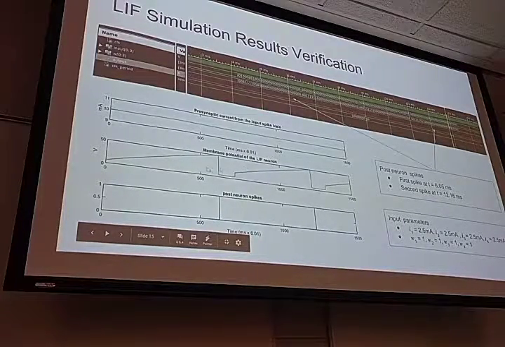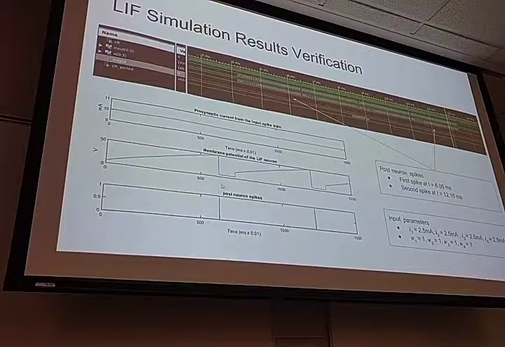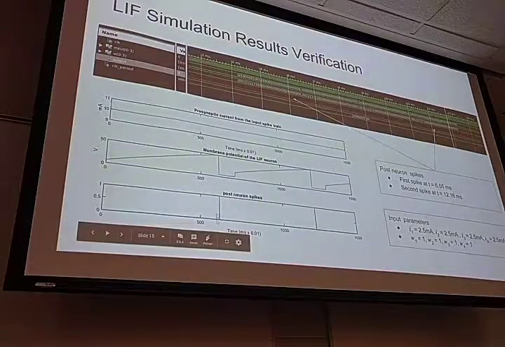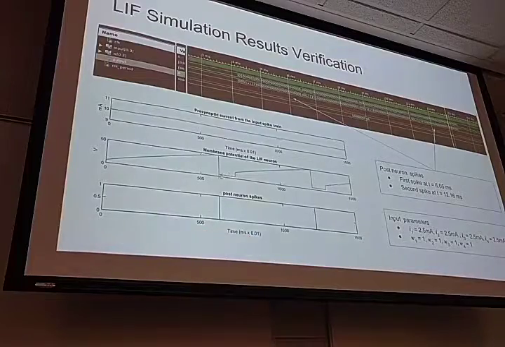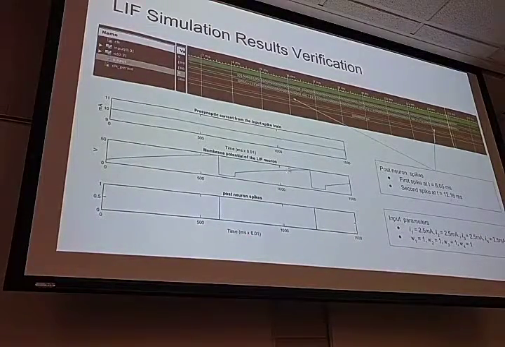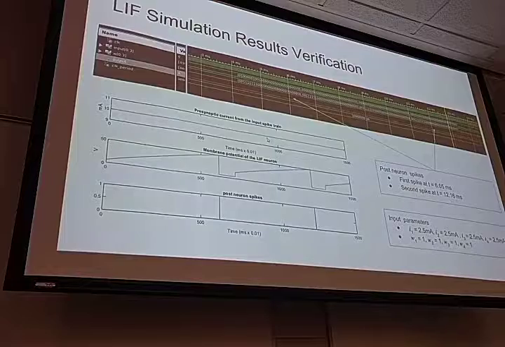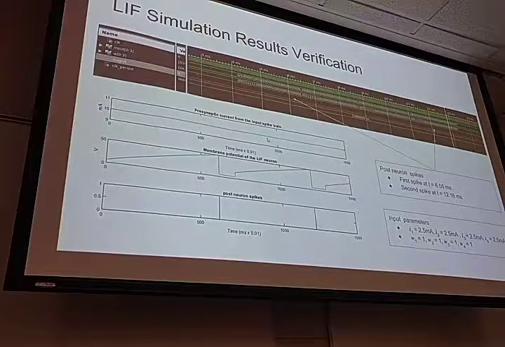And then you can see how the membrane potential changes with time. Once it reaches somewhere around 6 milliseconds, it emits a pulse, and then it waits there for about 1 millisecond, just as the refractory period, and then the membrane potential starts climbing again until it emits another spike. So in this way we can verify both of the implementations work the same way.